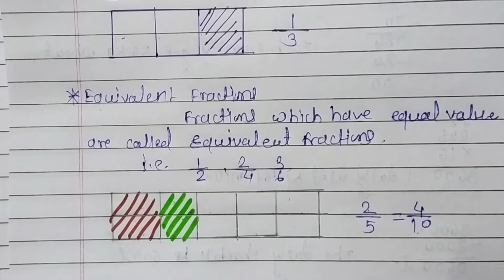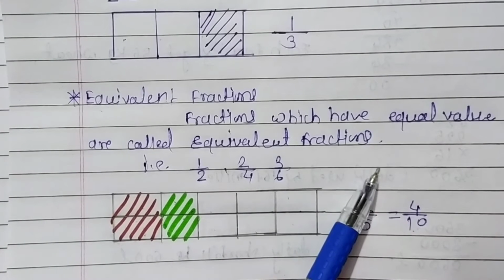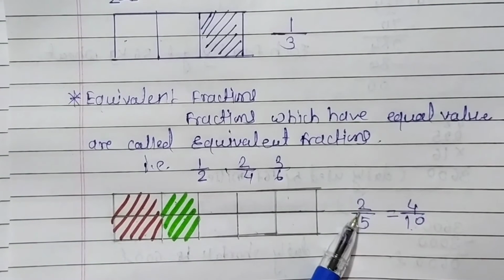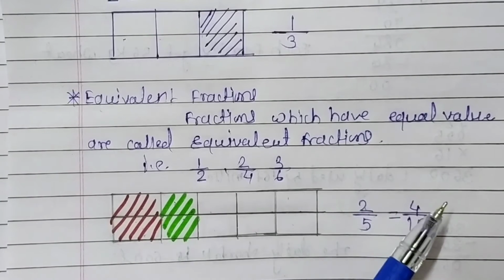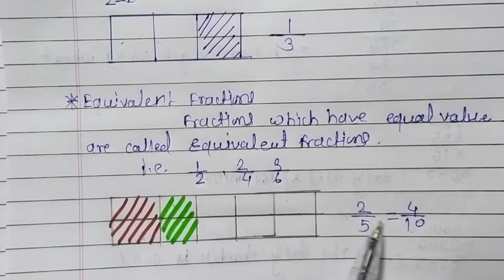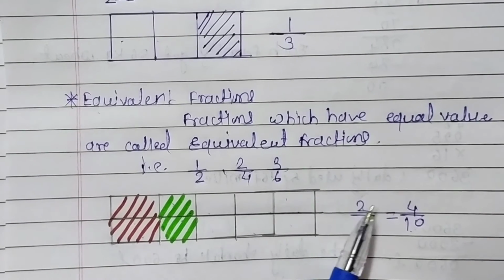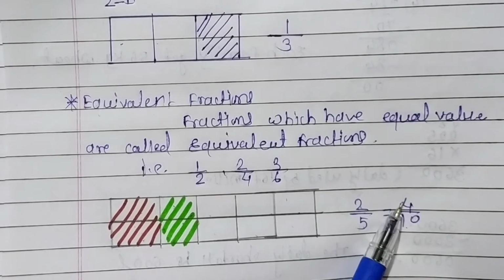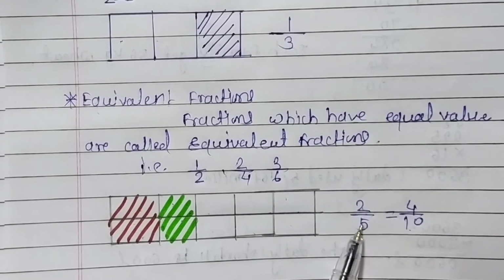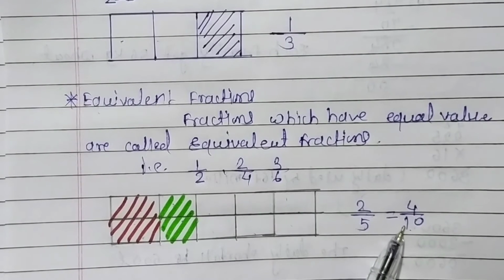When we observe these two fractions, the numerator of one fraction is as many times the numerator of the other. Look here. When we multiply 2 by 2, we get the number 4. And when we multiply 5 by 2, we get the number 10.